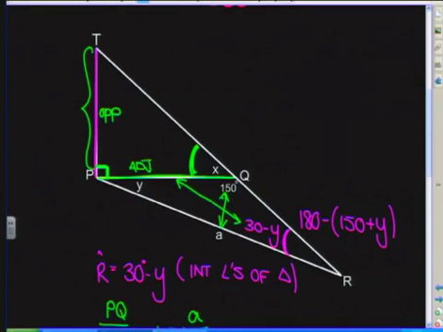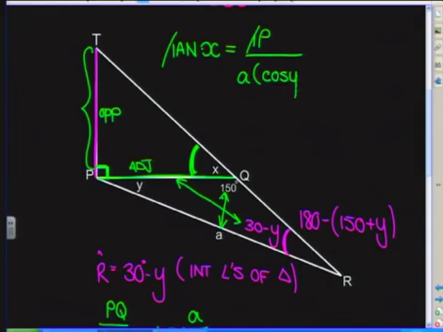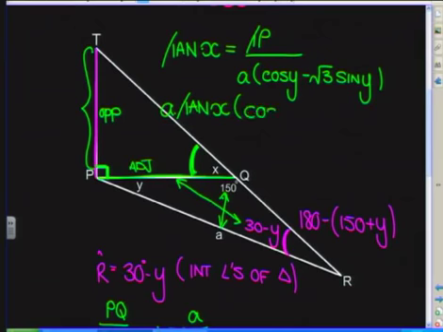So your opposite over your adjacent is giving us our ratio of tan from angle x, which is equal to my opposite side, which is TP, over the adjacent side, which I worked out earlier was a multiplied by cos y minus root 3 sine y. Okay, and one last step is obviously to multiply it up on the other side. So I'm going to say tan x multiplied by, because I'm multiplying, I can rearrange the order a little bit. So I'm going to put a in the front, and I'm going to put the bracket of cos y minus root 3 sine y. And that's TP.